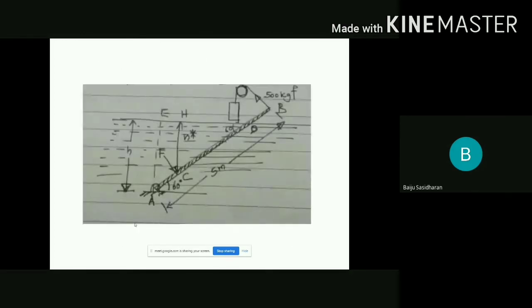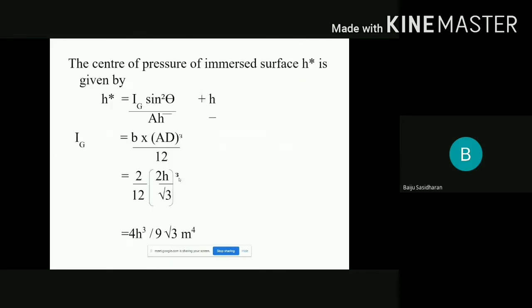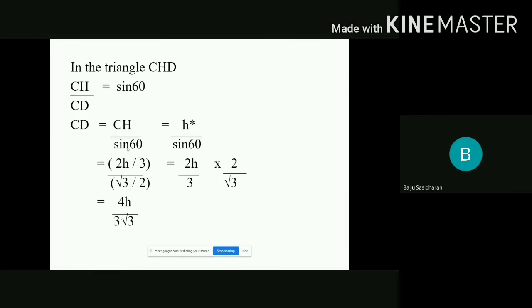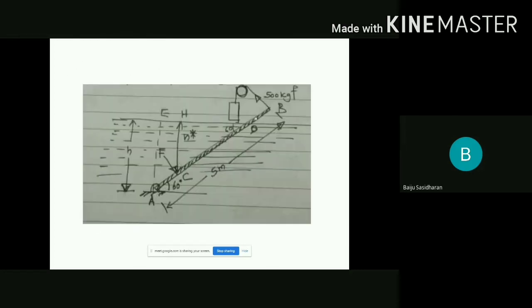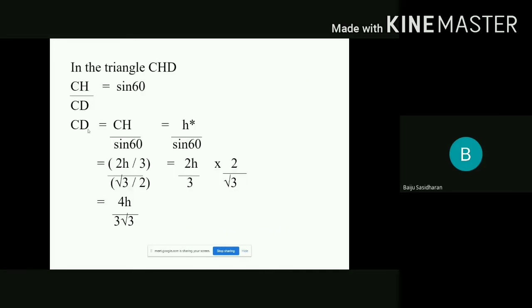In the triangle CHD, already I have explained that we have to equate the moment into AC, that is a clockwise moment. That should be balanced with this, into this distance. So in order to find out that distance AC, you see, CH by CD is equal to sine 60. You will get the value CD.